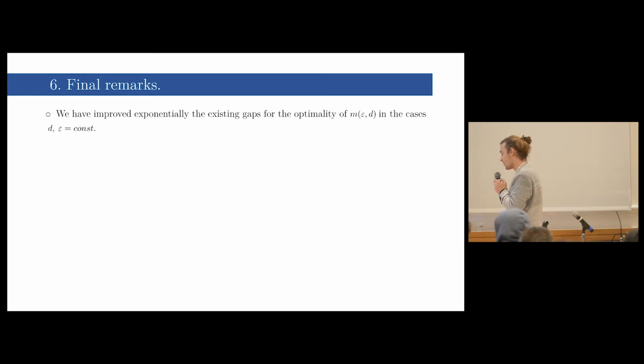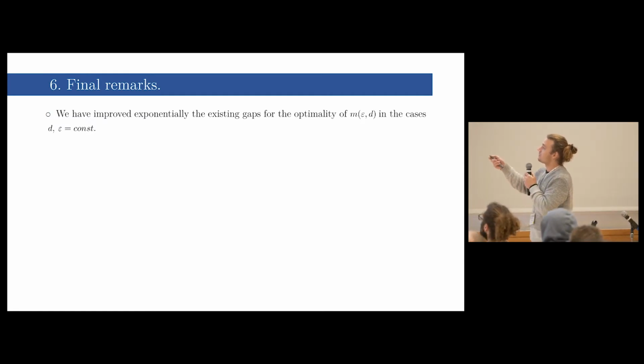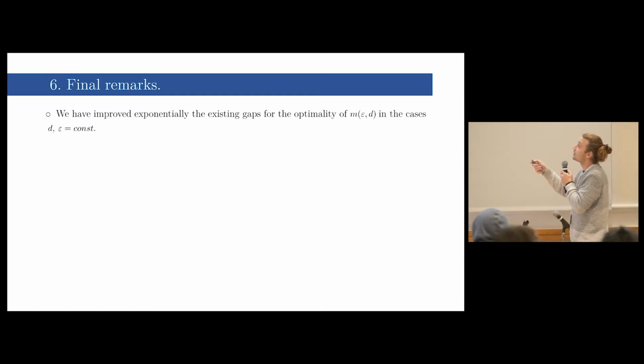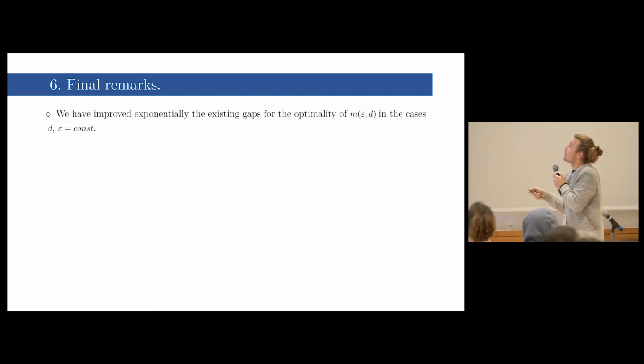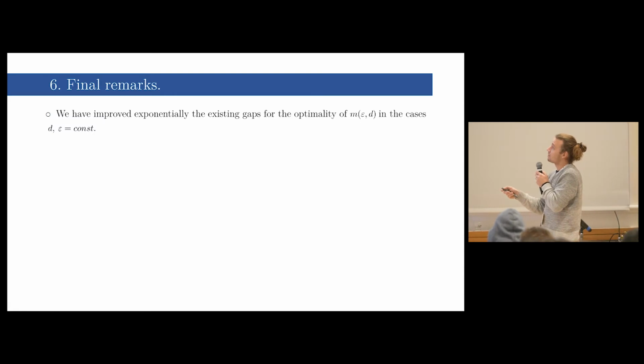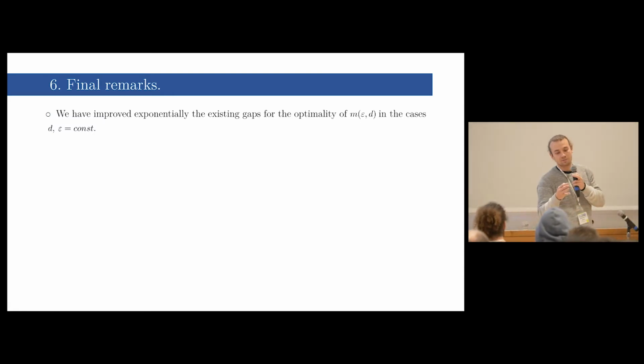Okay, so to conclude my talk, I just will mention some final remarks. So summing up, we have closed, or we have improved a lot, existing gaps in the understanding of optimality of epsilon-UPQPs. And we did it essentially in the cases in which the parameters d and epsilon were considered separately.